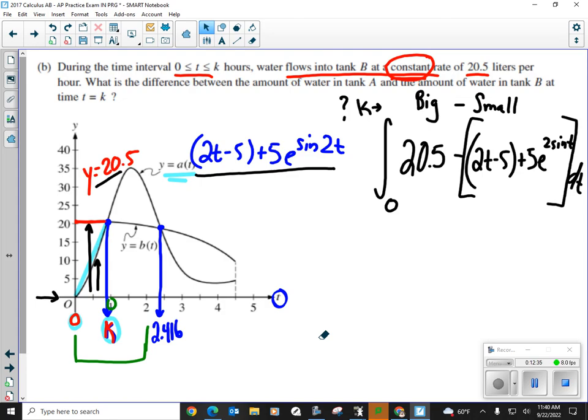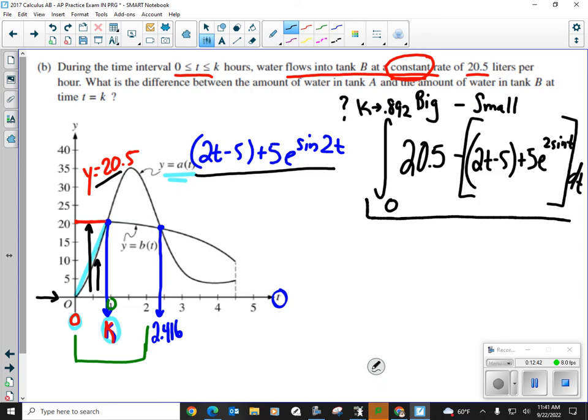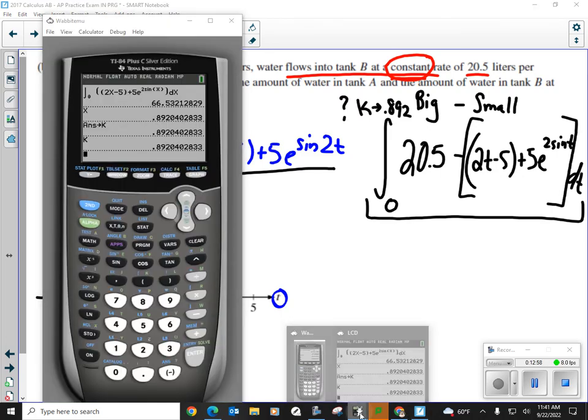Boom. 0.892. So now I'm going to integrate this whole thing from 0 to 0.892. 0.892. That's our k value. Good, good, good. Well, we're not even done with b yet. We just set up the integral. We figured out the bounds. Let's go. Let's go. Boom.